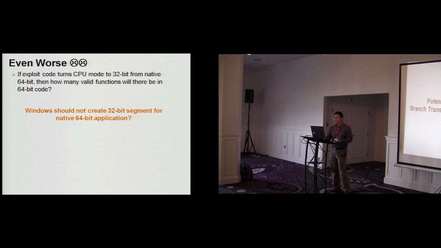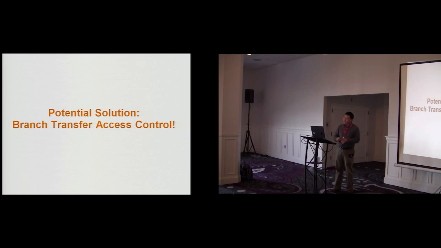The last thing I want to mention is that we talked about a bunch of approaches to defend against ROP, this kind of attack. The problem is that today we still cannot fully defend against this kind of attack. From the concept perspective, I want to mention that we probably miss some solution like branch transfer access control.